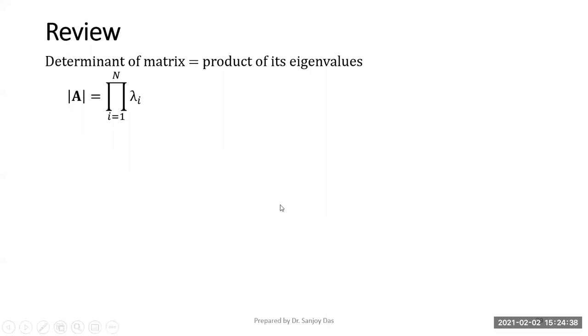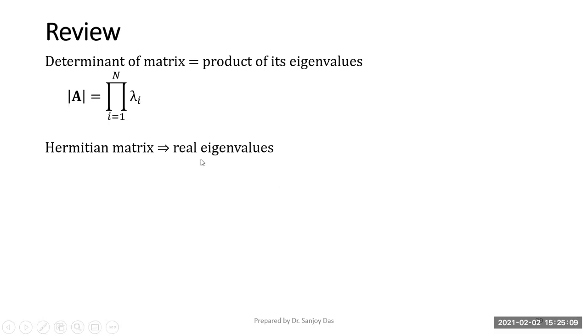The determinant of the matrix is the product of its eigenvalues. So if this matrix A is invertible, then none of the eigenvalues can be zero. Conversely, if A is singular, then its determinant must be zero, which means that at least one of these lambda i's has to be equal to zero.